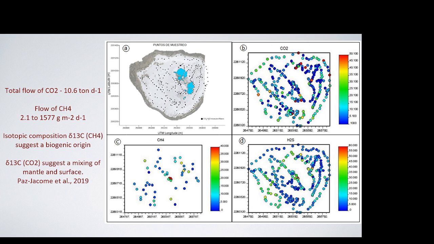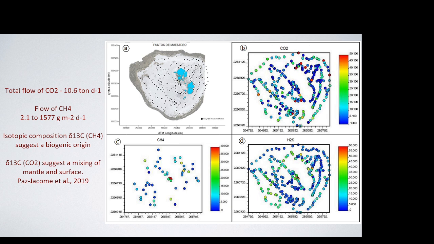One interesting thing about Rincón de Parangueo is that the measurements of the degassing in the soils yielded that there's a flow of CO2 of about 10 tons per day. Flow of methane, and also flow of sulfurs.